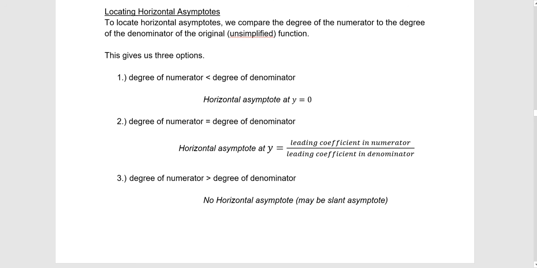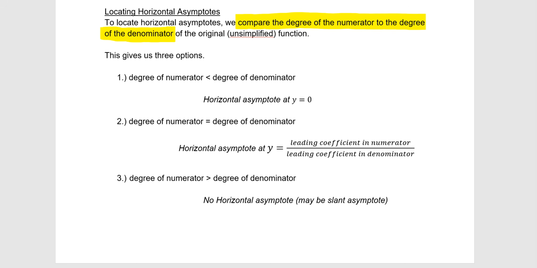For locating these horizontal asymptotes, what we're going to be doing is comparing the degree of the numerator with the degree of the denominator. And this is going to be of the original unsimplified function. Degree means the largest exponent in the numerator and the largest exponent in the denominator.